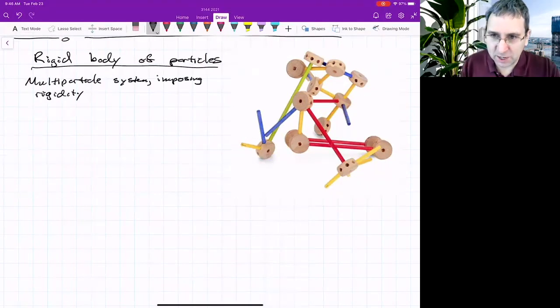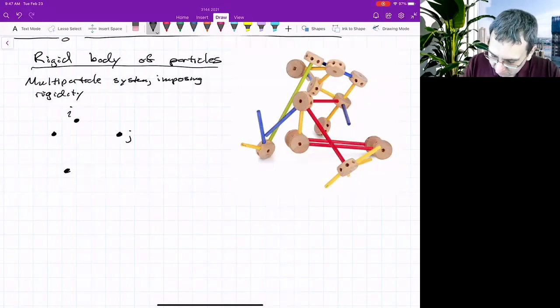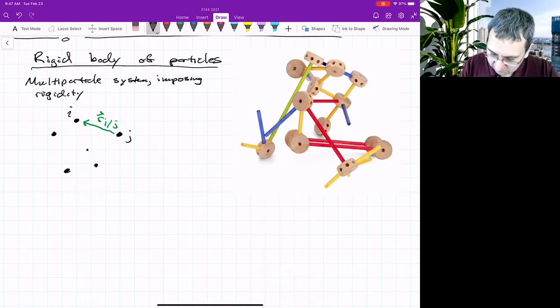It means that the location of any particle, so if here's my multi-particle system, let's call this particle I, and here's particle J. So here's the location of particle I with respect to J. It's a vector location. And there's a bunch of these.